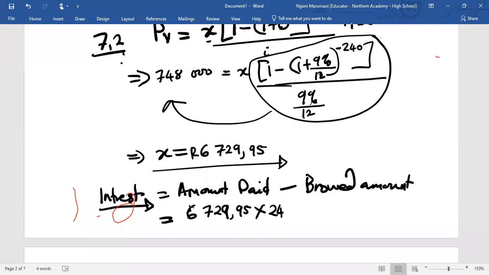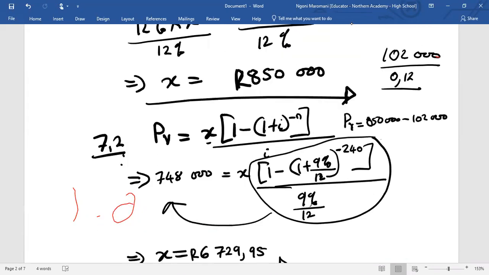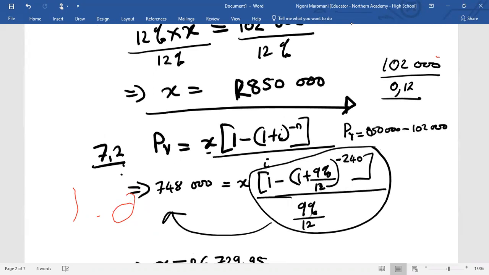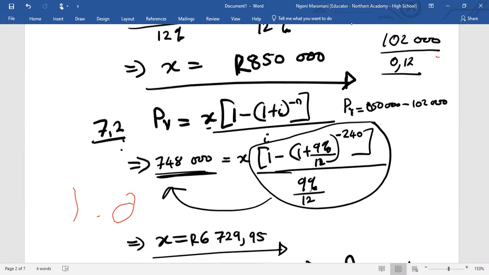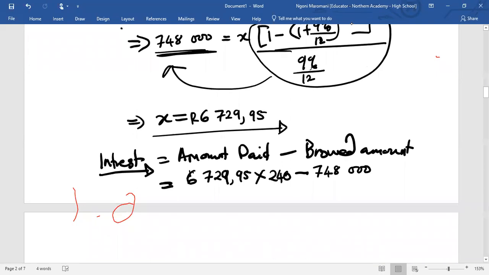That is the amount of money paid back to the bank. Then we subtract the borrowed amount. How much was the present value? Can you see the present value here? So we are subtracting 748,000.